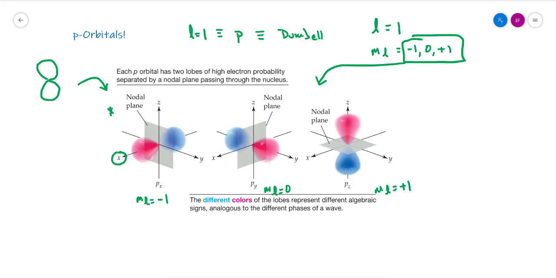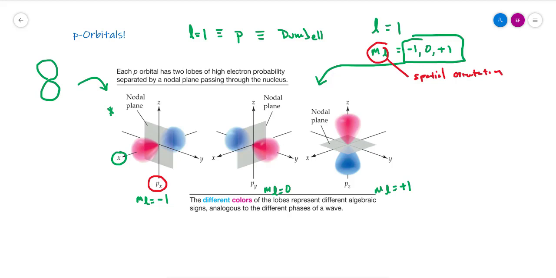Remember that the m sub L, the magnetic quantum number, is spatial orientation. It has nothing to do with the shape, just how that shape is arranged in 3-dimensional space. So if here it's oriented along this x direction, we'll say that's m sub L -1. Another shorthand for that is to write this as a p orbital with a subscript of x. We call this the px version of that orbital.